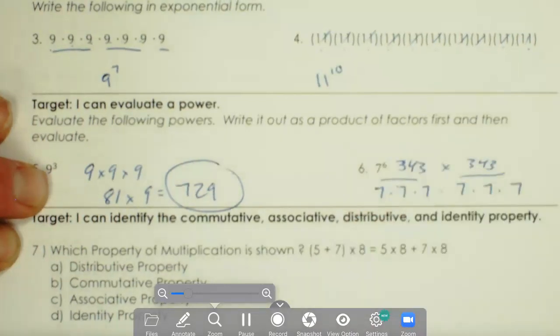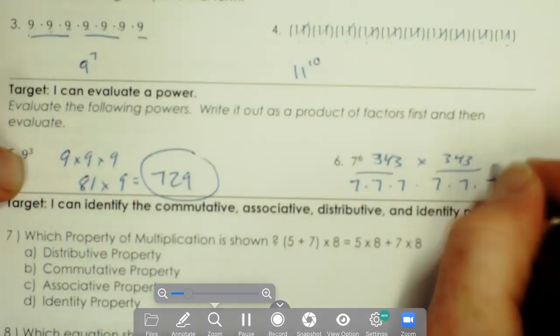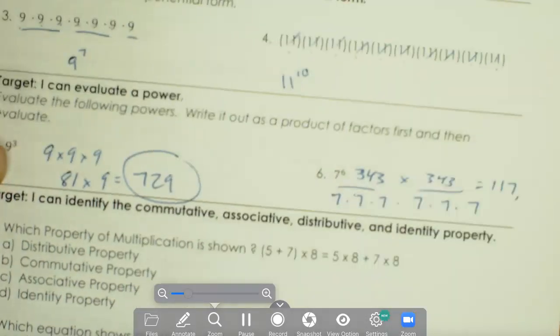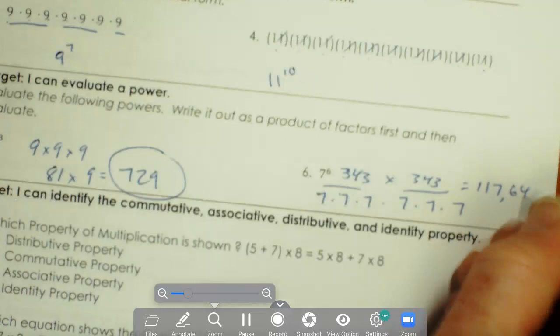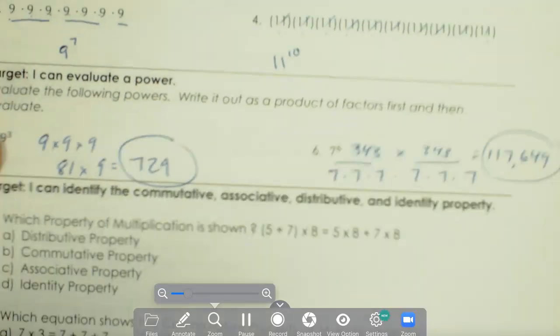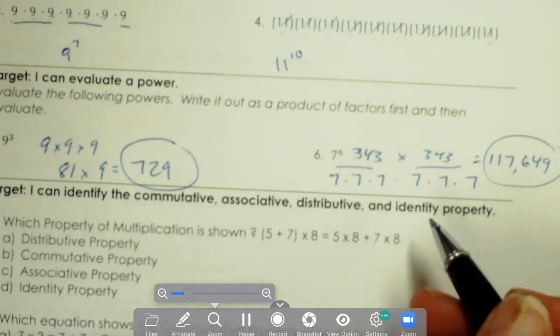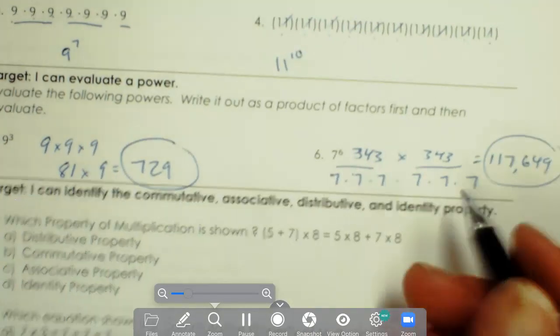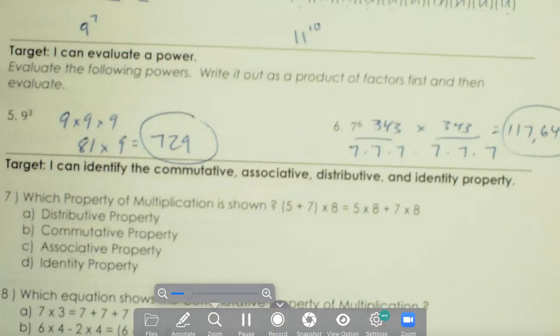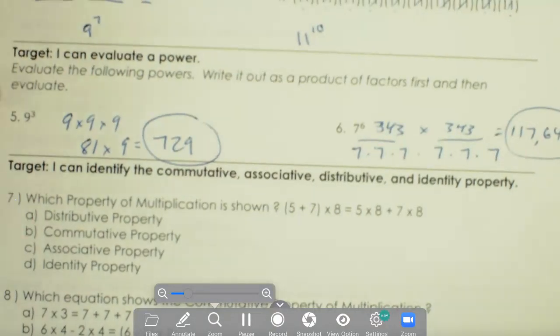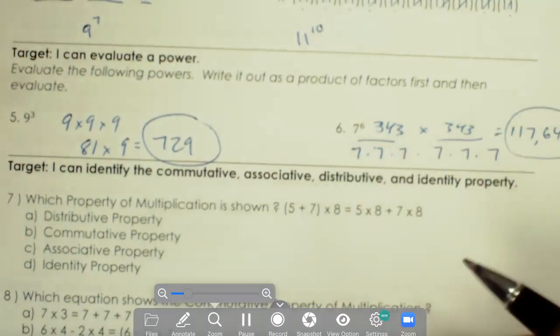If I take that times each other, 343 times 343, 117,649. You notice I didn't try to put all these 7s in at one time in the calculator. I just can't. I get confused and I make mistakes. So, not wanting to make a dumb mistake, I did three 7s by three 7s.